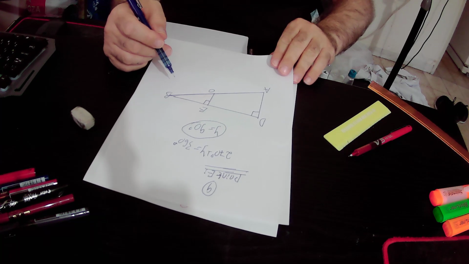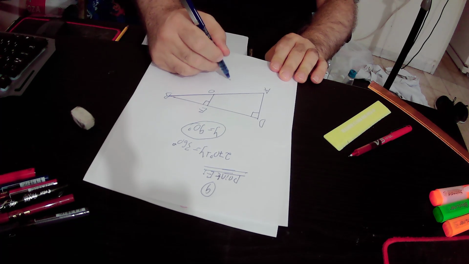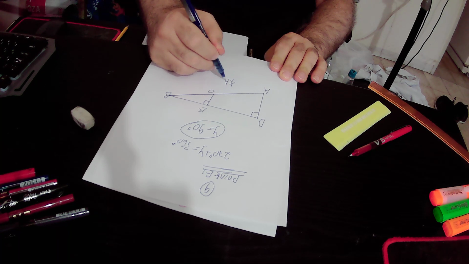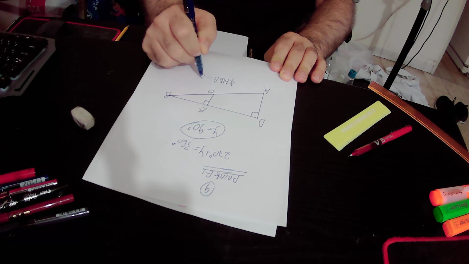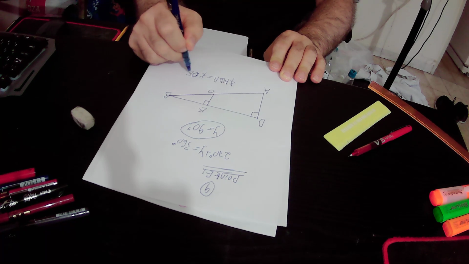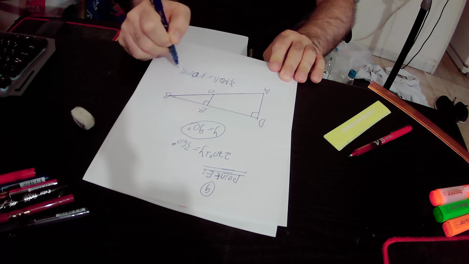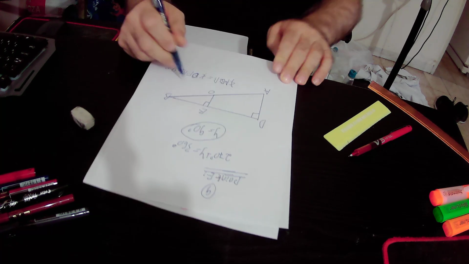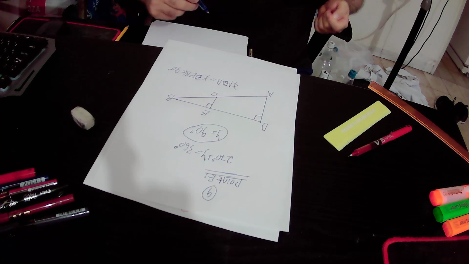So angle ADB is equal to angle OEB. Both of those two angles are equal to 90 degrees. Those two angles are equal to each other.